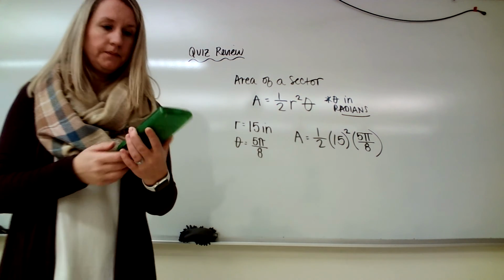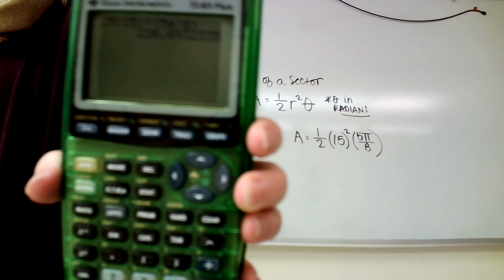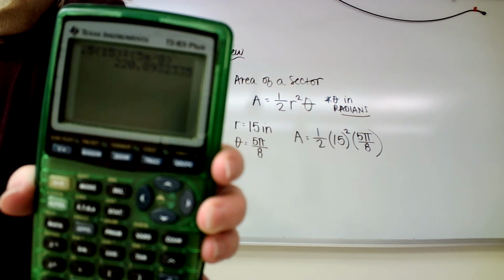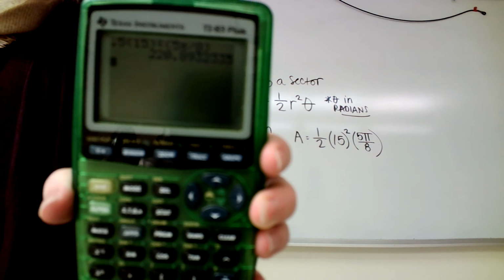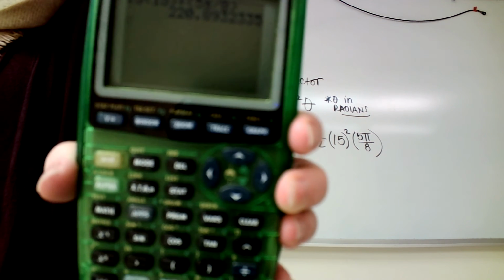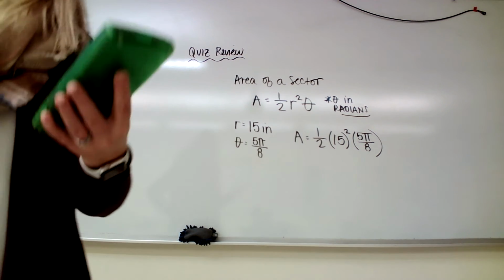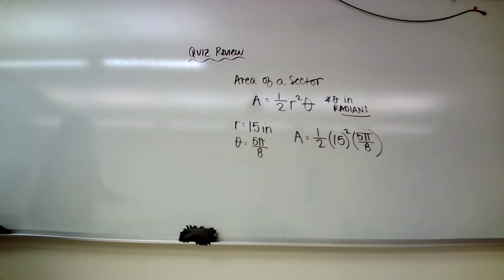So you can see my pi symbol in there. Please make sure you find that on your calculator. It should round it to 3.141592653, whatever, and it will do it for you. But find the pi symbol.